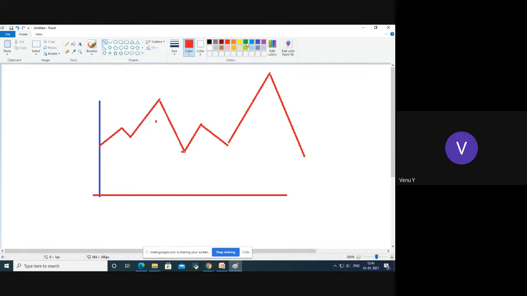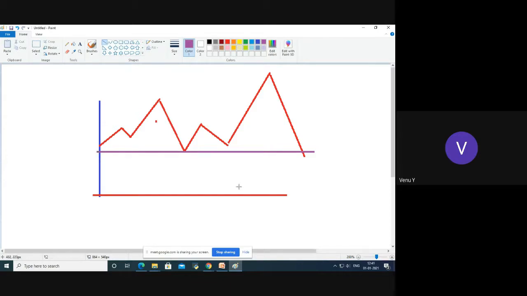Here, this is the base load, right? Base load is present everywhere, throughout the 24 hours, throughout the day.